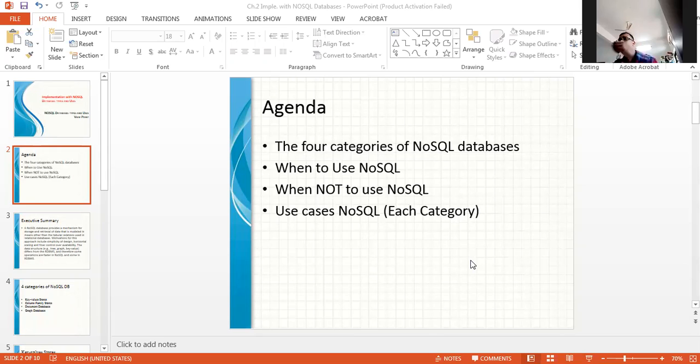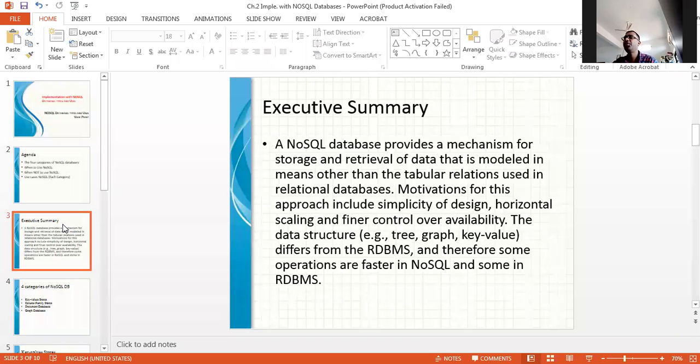So we know that the NoSQL database provides us the mechanism for storage and retrieval of data, modeled in means other than the tabular relations used in relational databases.